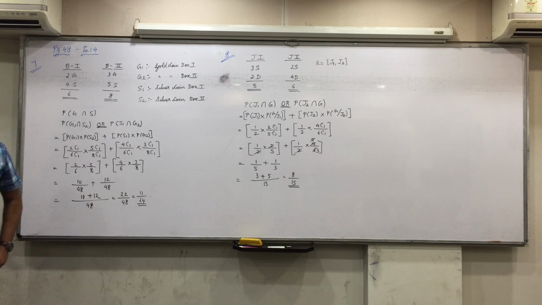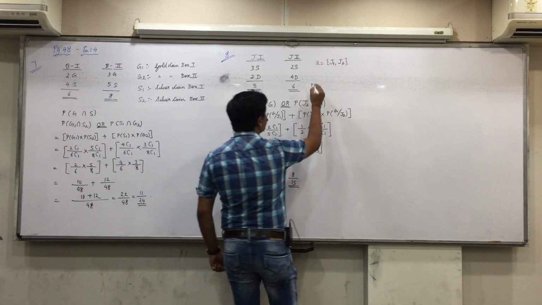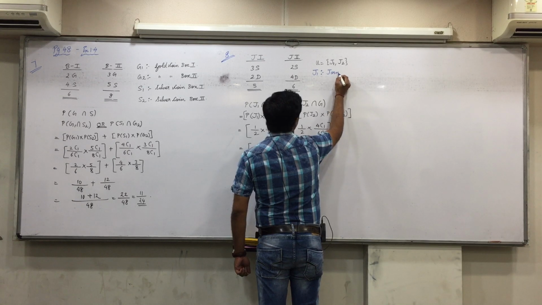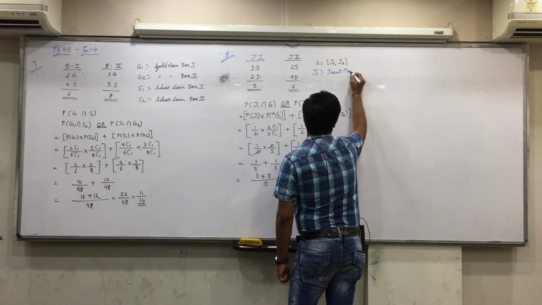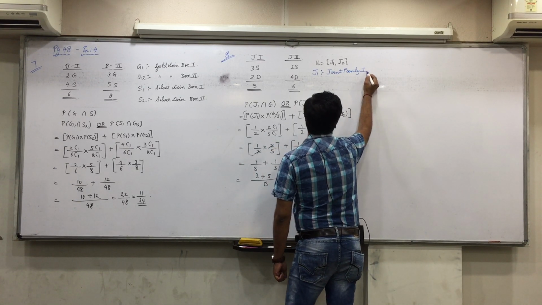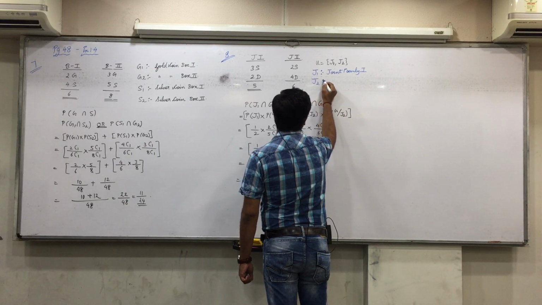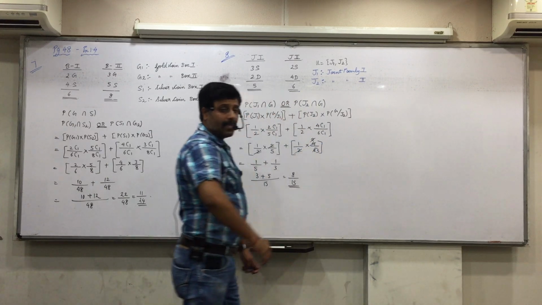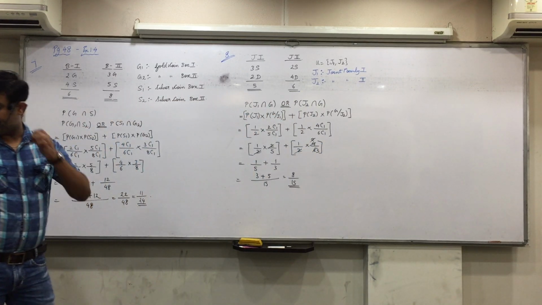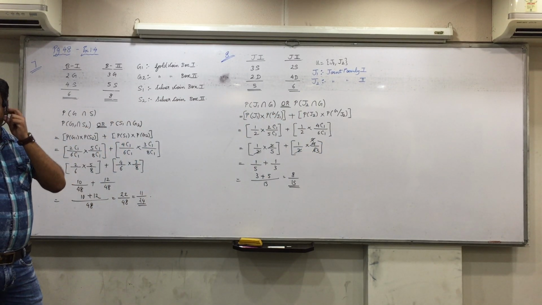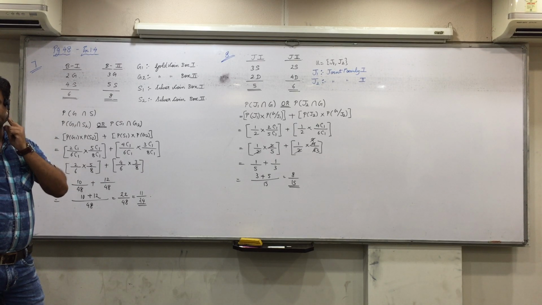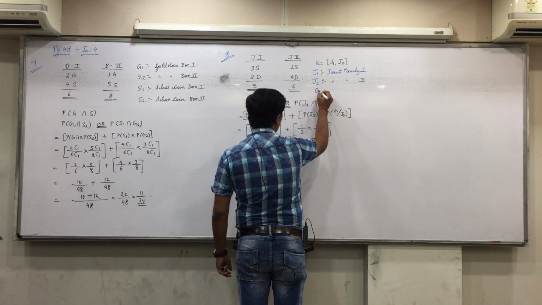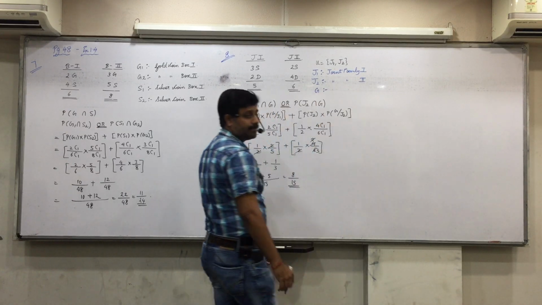So 3 events we have to define. Let event J1 be the event that joint family 1 is selected. Let event J2 be the event that joint family 2 is selected.